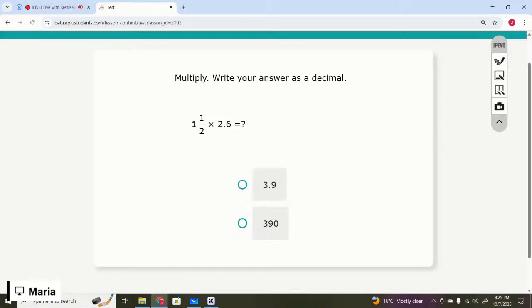1 whole 1 by 2 times 2.6. That is 3.9. Option number 1 is the correct option.